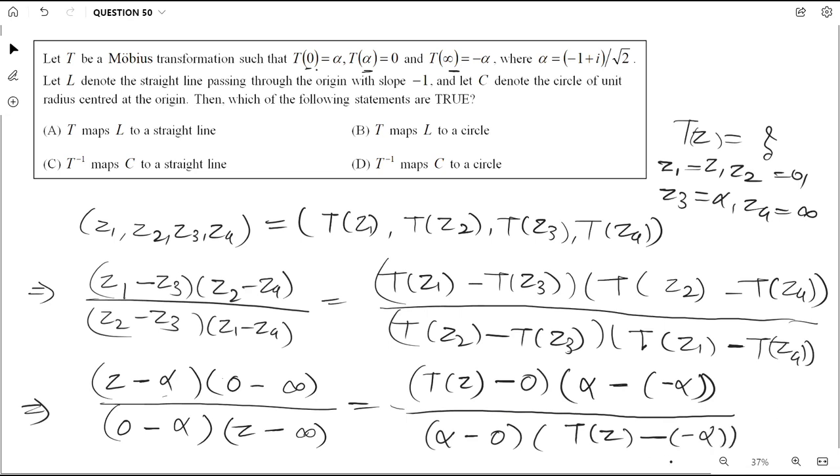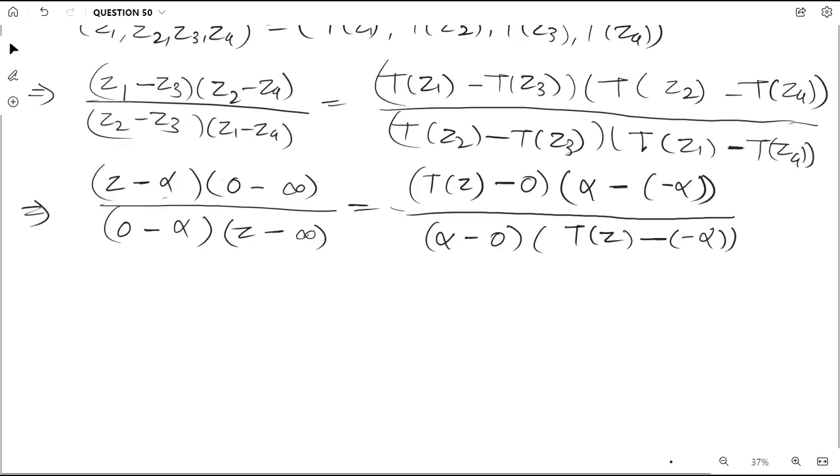Okay, so let's solve this. One more property of the cross ratio is that if there is infinity in any of these four terms, then we discard those factors; we cancel them and do not write them.